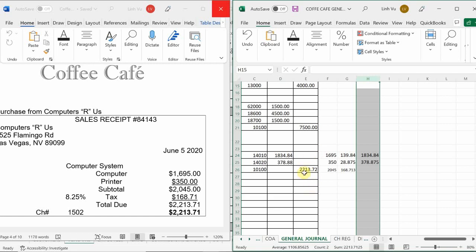Look at your calculation again. If you have the computer for 1834.84 and then you have your printer for $378.88, how much is your grand total?